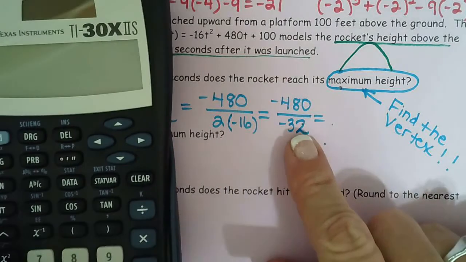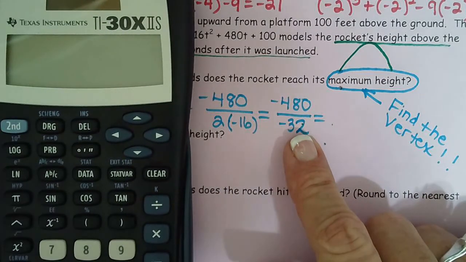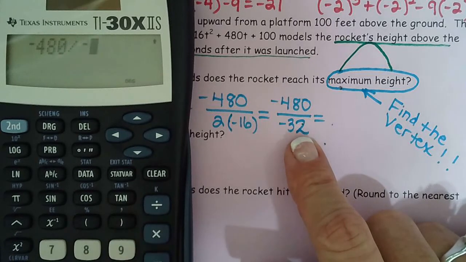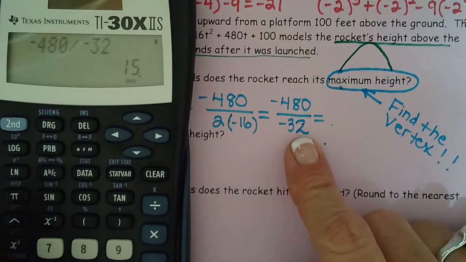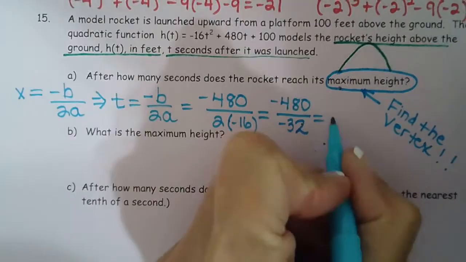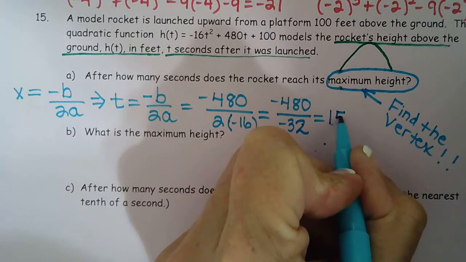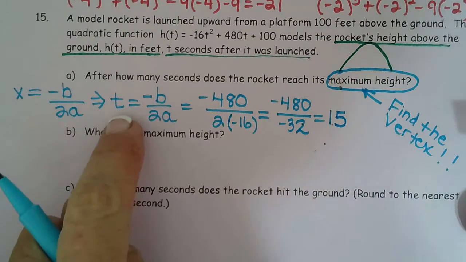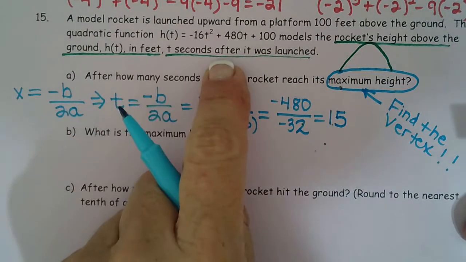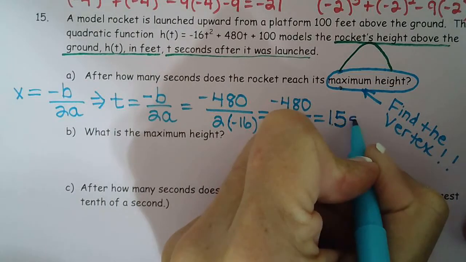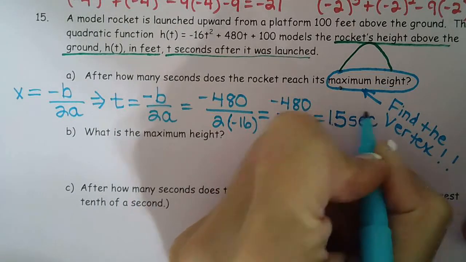So now we have negative 480 divided by negative 32, and that gives us 15. So 15, and now this is where it's important that you have your stuff underlined. This is t. T is time in seconds. So 15 seconds.